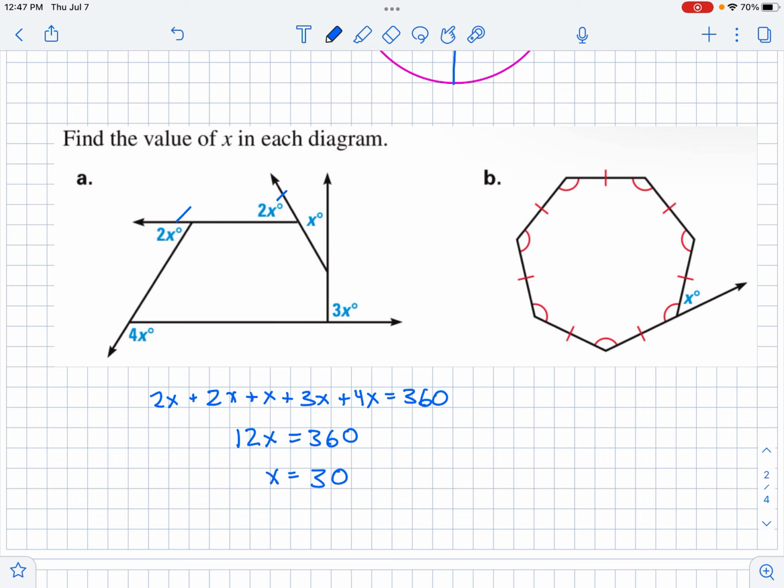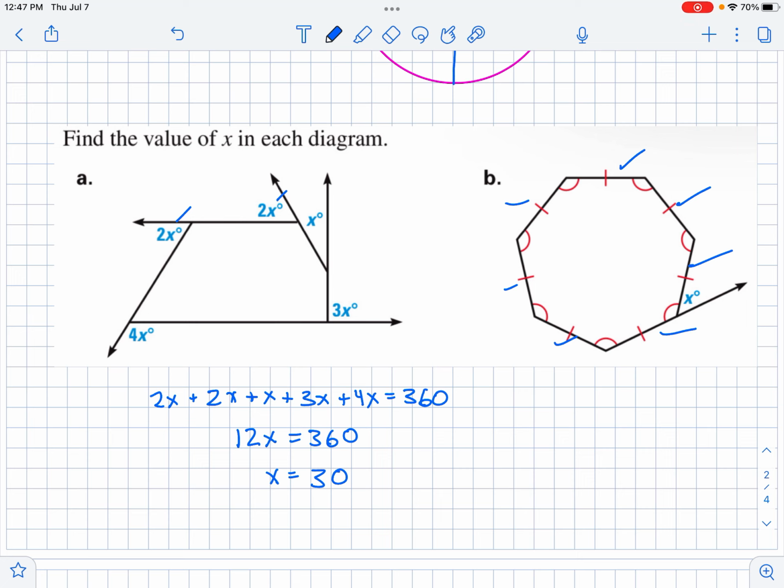Okay, now let's look at this next one over here. Here we want to figure out what x is. Now, x is an exterior angle, and this happens to be a regular polygon. How many sides is it? 1, 2, 3, 4, 5, 6, 7. Okay, so it's got 7 sides.